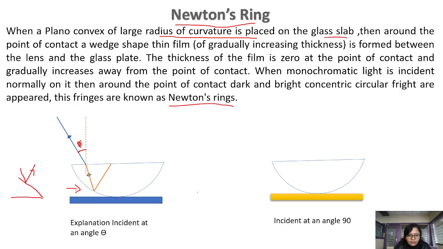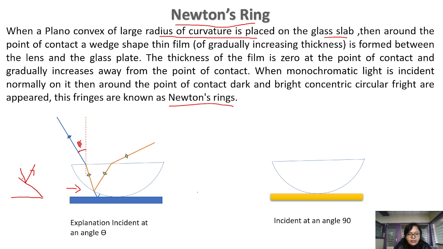If light is incident on it, the first reflection occurs at the lower surface of the plano-convex lens. A small amount of light is transmitted towards the glass slab. Now it is incident on this area, which is the lower surface of the thin film.